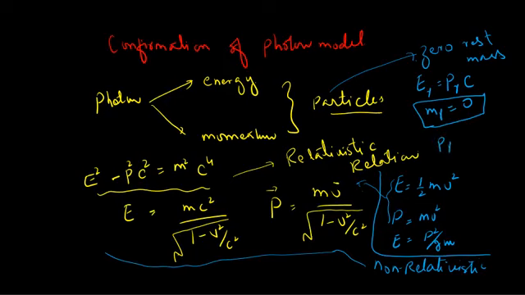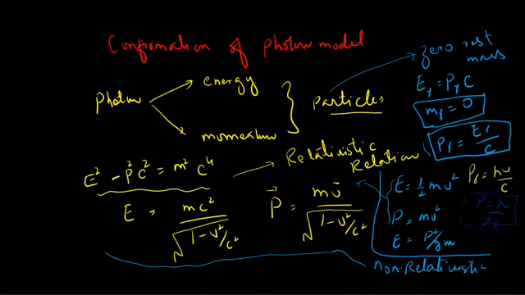And what about the momentum of the photon? p gamma equals E gamma over c, and you can modify this relation and write p gamma equals h nu by c, and then further simplify it to p equals h divided by lambda, the wavelength of the photon.